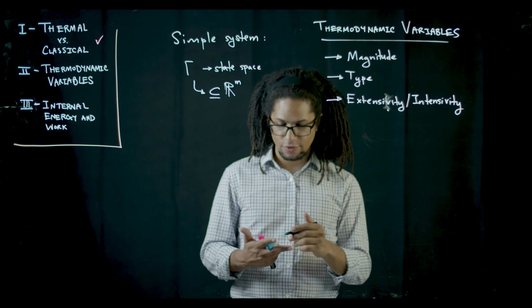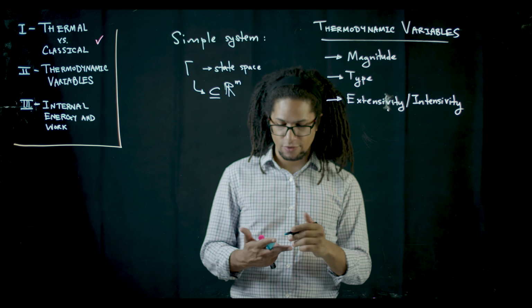What happens in a case like this is that we don't have a well-defined answer to the question, and so we say that the quantity is neither extensive nor intensive. So this is neither. Okay, so with all of this in mind, now we can say that a thermodynamic variable definitely has magnitude and type, and possibly is extensive or intensive.